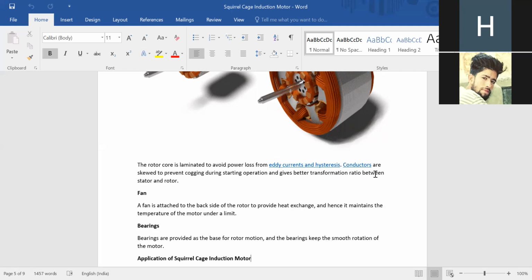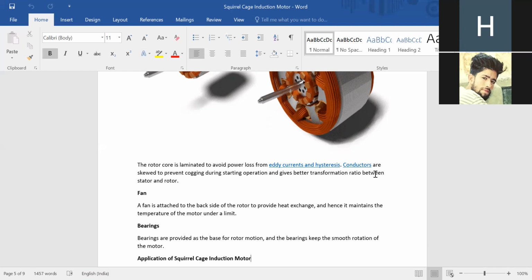It will maintain the temperature of the motor under a limit. If the temperature goes higher than that, your motor can get damaged. So we are providing a fan over there.